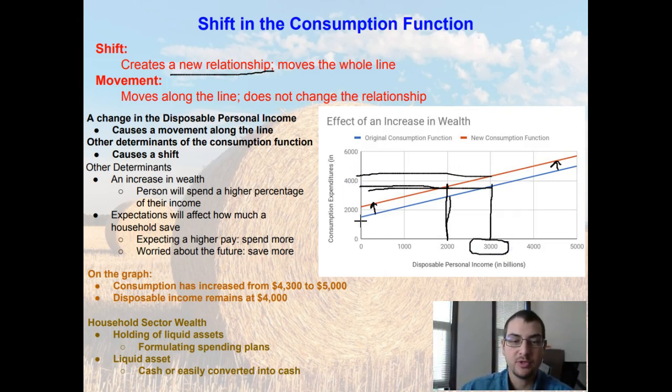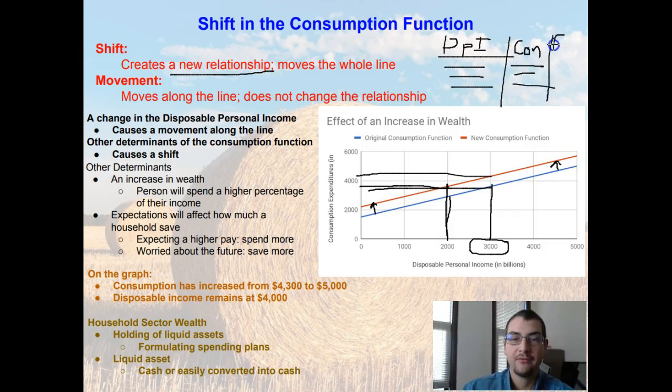So if we set up our table again, we used to have this relationship where, at a series of different levels of disposable income, we had corresponding levels of consumption. Now, after we shift that line, we have new levels of consumption.